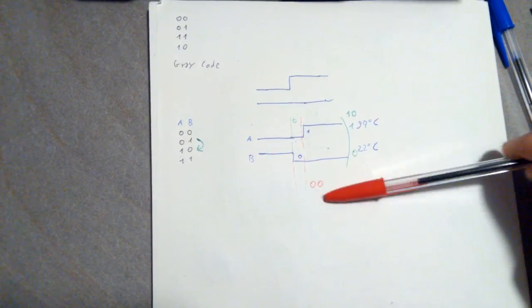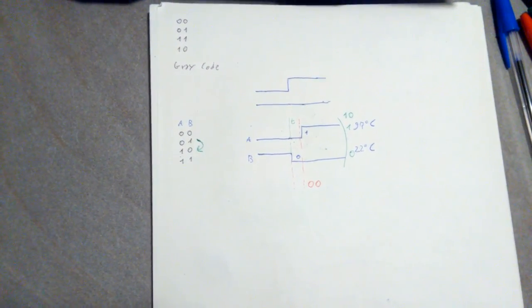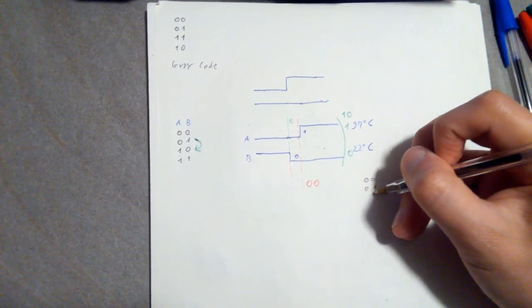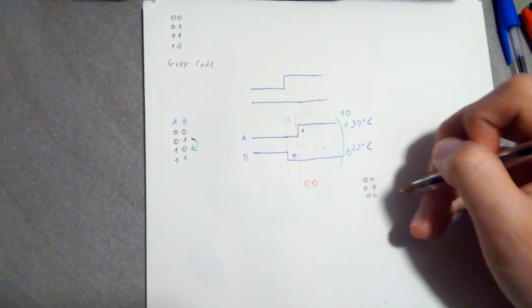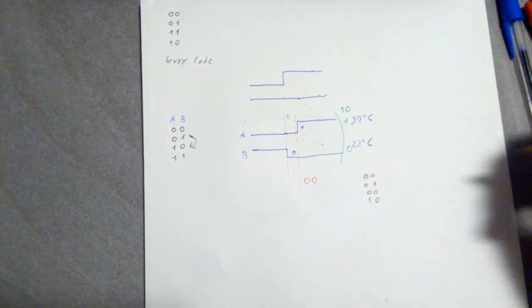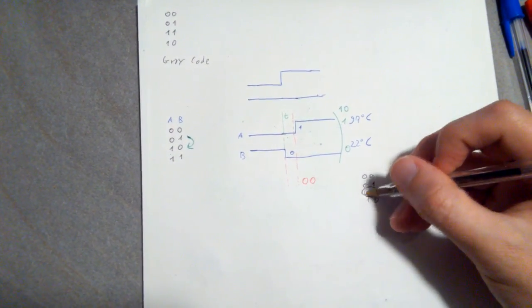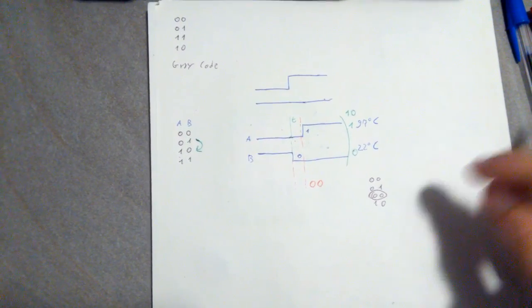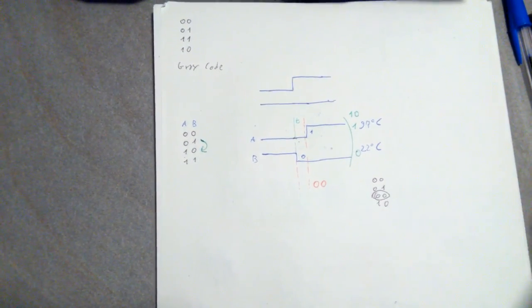So we would have 0 1, 0 0 for just a tiny bit, and then 1 0. But this could be triggering something else inside our circuit. So this is actually very, very dangerous.